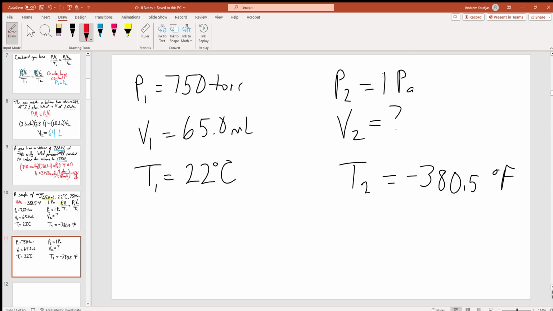T1 is our easiest conversion. Going from Celsius to Kelvin, we just add 273.15, or 295.15 Kelvin. Our T2 is going to be a little bit more complicated because this is in Fahrenheit. How do we go from Fahrenheit to Celsius?